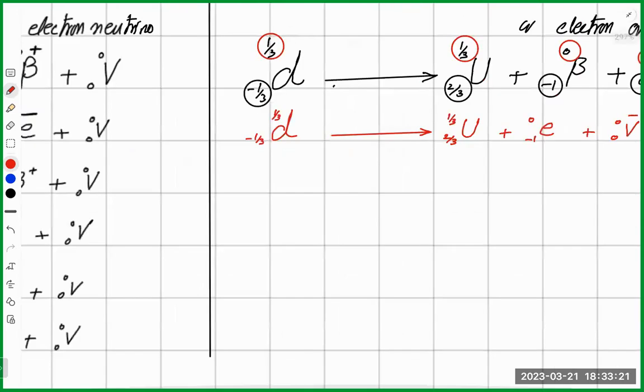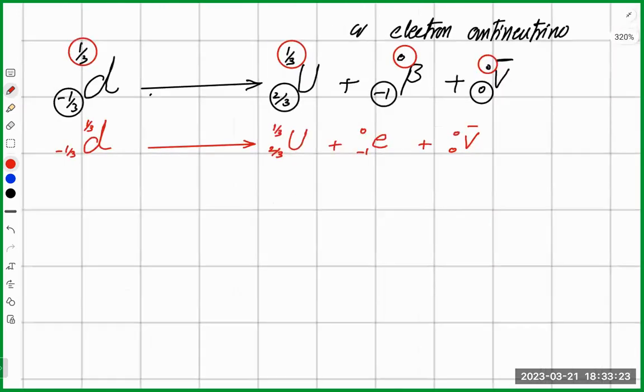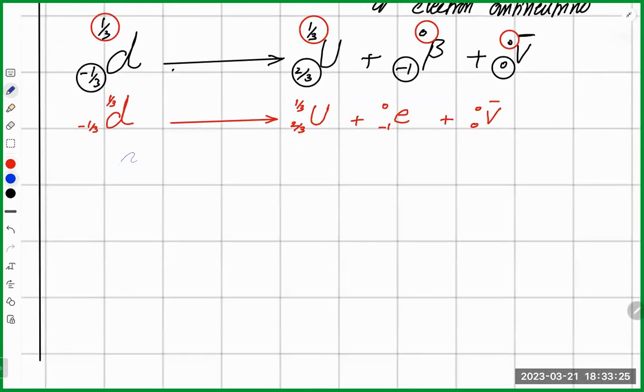So the same thing can be said as: X with A and Z converts into Y with A and Z plus 1, because one of the neutrons has been converted to a proton.